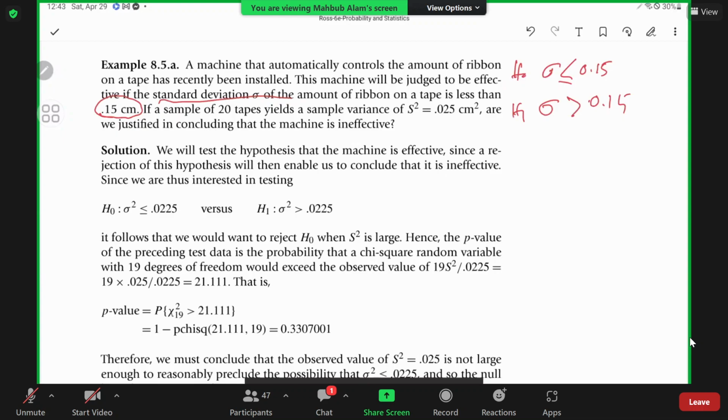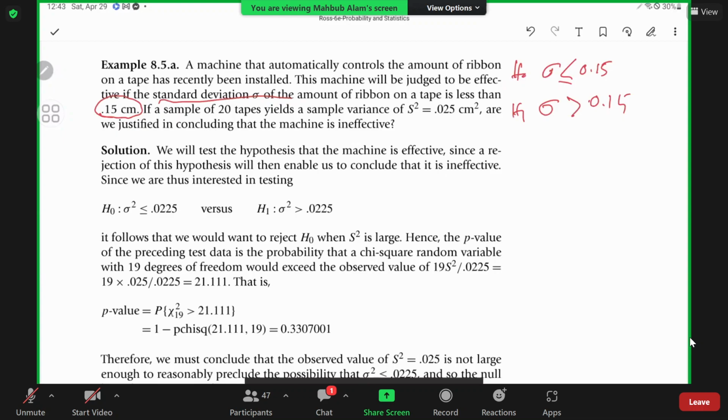The value close to 21 is in between 18 and 27, so it is 0.5 to 0.1.